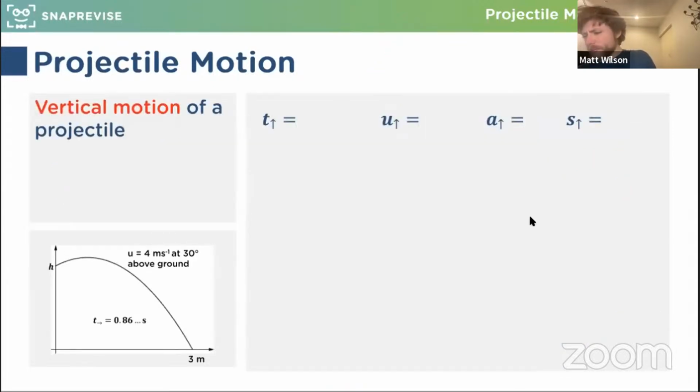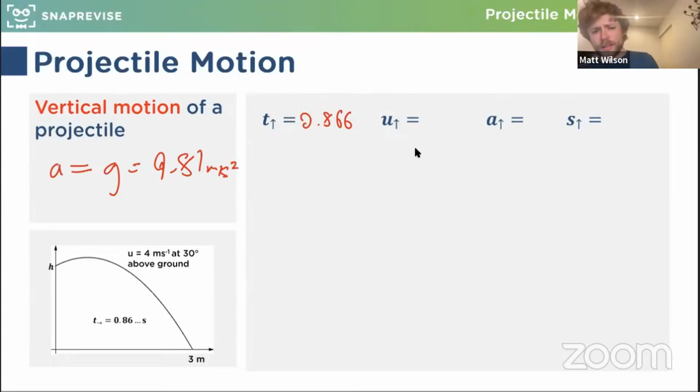So to deal with the vertical motion of the projectile, recall that the acceleration is equal to g, which is 9.81 meters per second squared. Okay, good. So we know the time, we just calculated it, is 0.866 seconds, 6 recurring, I believe. We already calculated the initial vertical velocity.